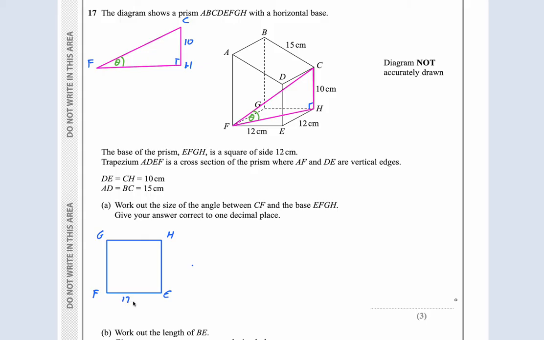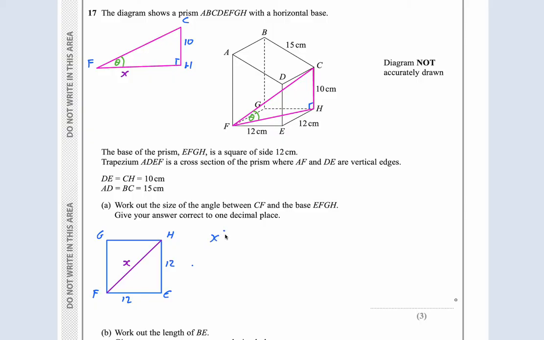This length is 12. This length is 12. And we're trying to find the length FH. Let's call it x. And then this is x, because this FH here is the same as this FH here. We can find it using Pythagoras' theorem.